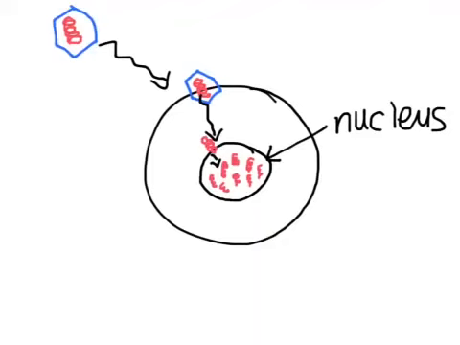Then it keeps using all of your different cell parts, because you also have, remember, lots of those tiny little ribosomes, those little protein factories in the cytoplasm of your cells.